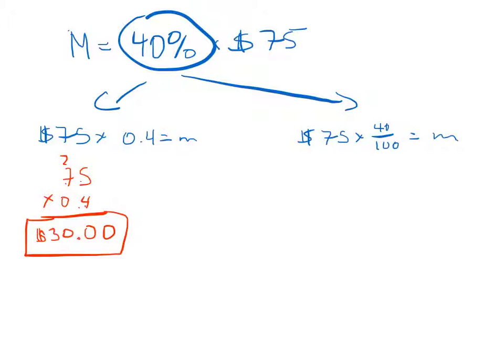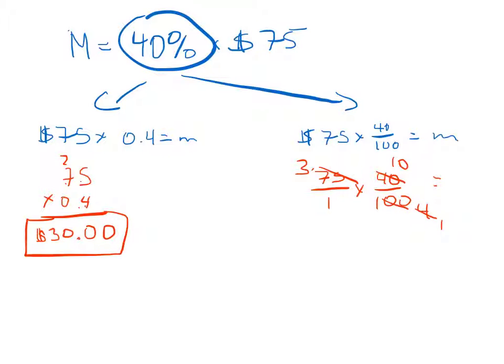That makes sense. Over here, another way that we could do it, we've got 75 over 1 times 40 over 100. We can regroup these, make this 3/4. And now I could reduce this one here, make this 10 over 1.